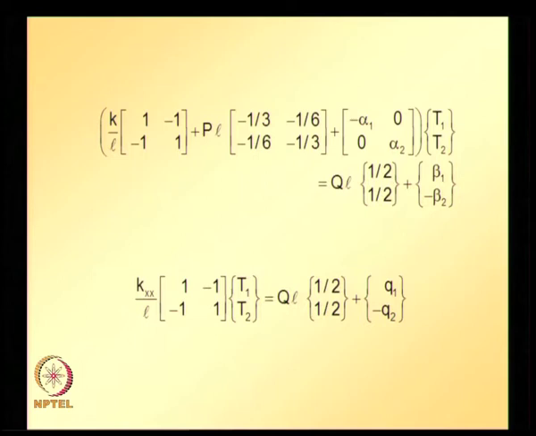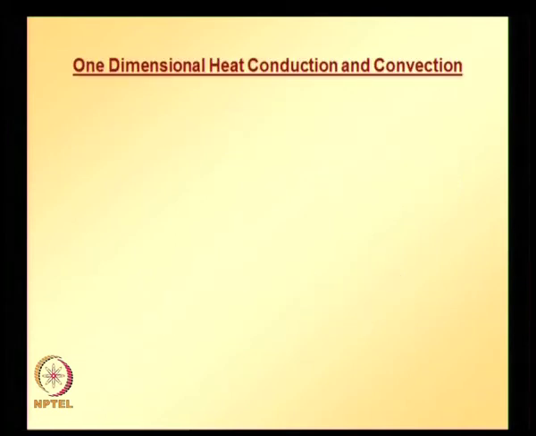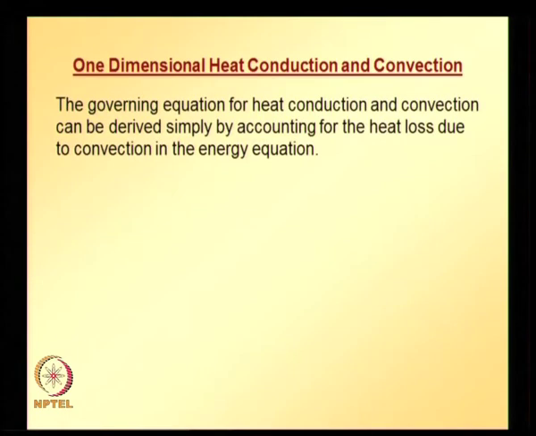In this class we are going to continue further and look at some more applications. In today's class we will look at the one dimensional heat conduction convection problem. The governing equation for heat conduction and convection can be derived simply by accounting for the heat loss due to convection in the energy equation.